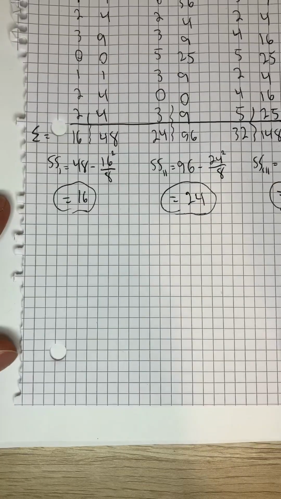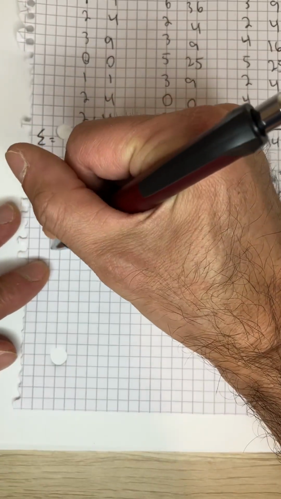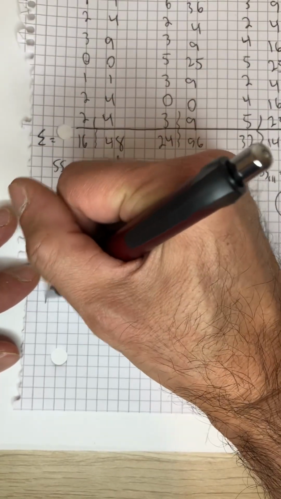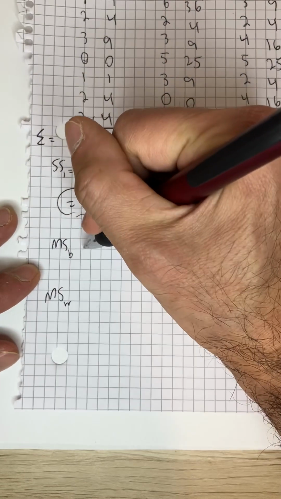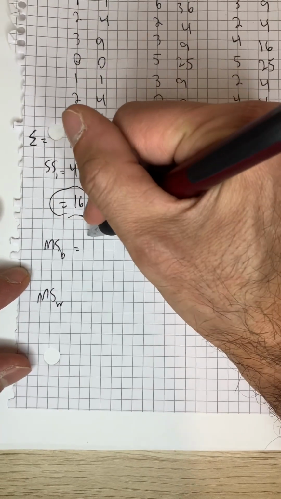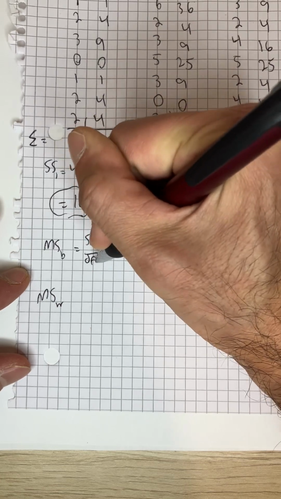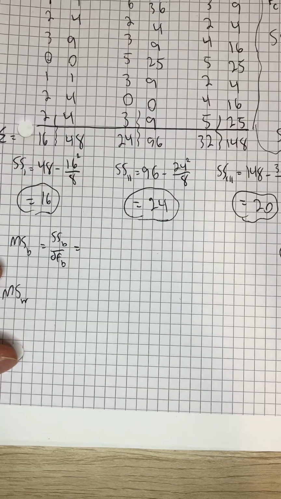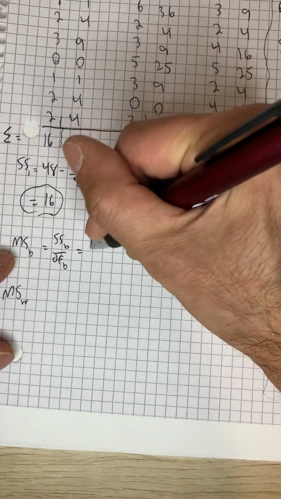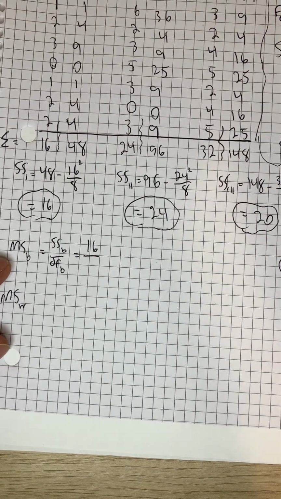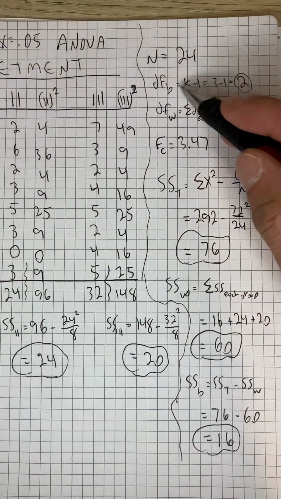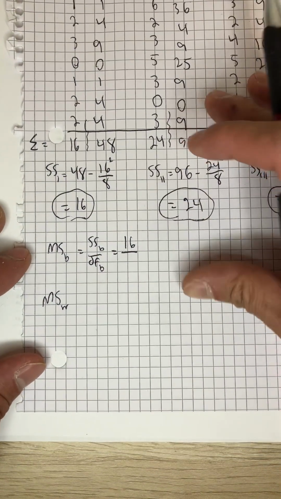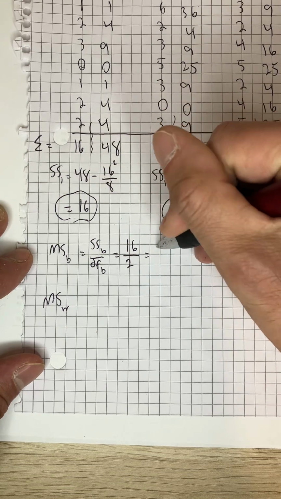So let's work on the mean squares between, and then the mean squares within. The mean squares between is sum of squares between over degrees of freedom between. Sum of squares between was 16, and degrees of freedom between was 2, so that's 8.